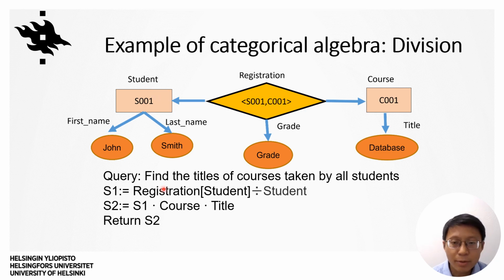So S1 means that we can find all the registration information which are for some course which is taken by all the students. Then S2 is just to find the course and the title. So when we return S2, it means that we can find all the titles of the courses taken by all the students. The detailed definition about this division can be found in our paper.